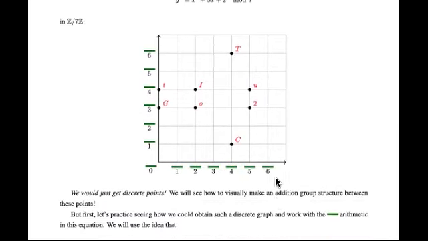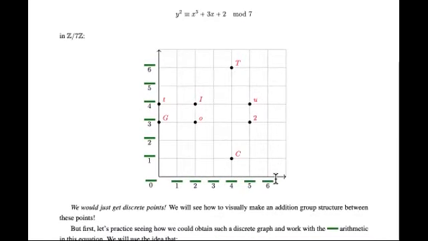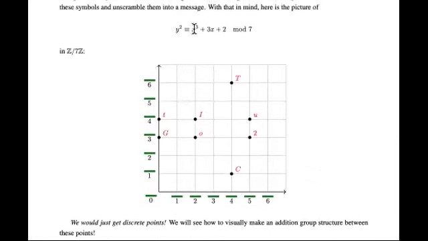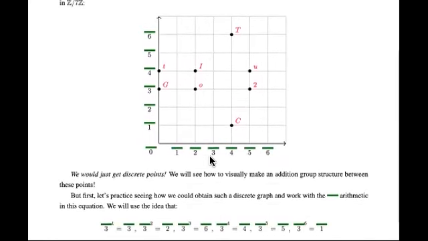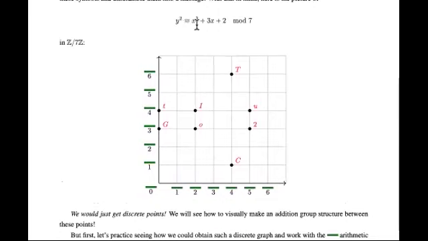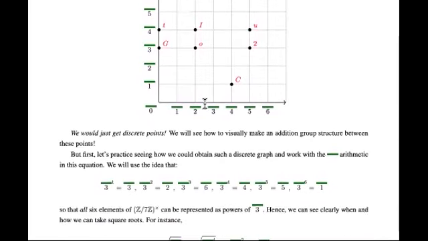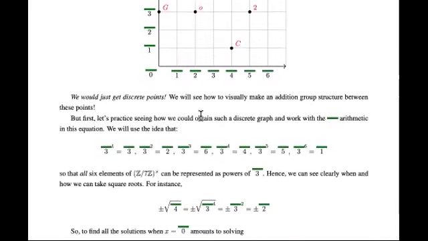Now, how do we get these points? We find xy pairs that satisfy this equation in the mod. If we plug a value of x in, we could take a square root of that to find y. You think about taking square roots in the following way.